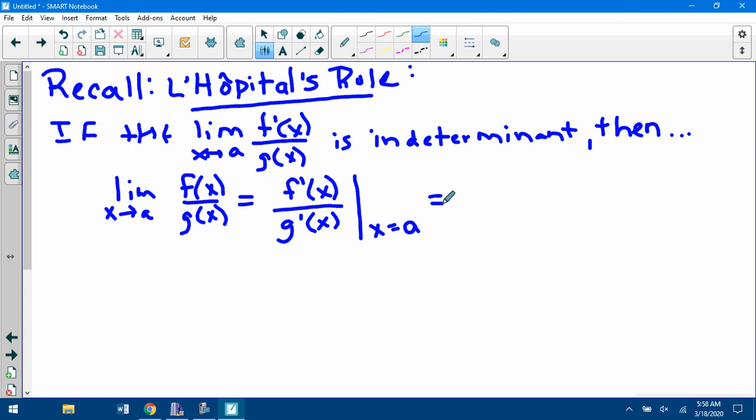Or in other words, it's equal to f prime of a over g prime of a.